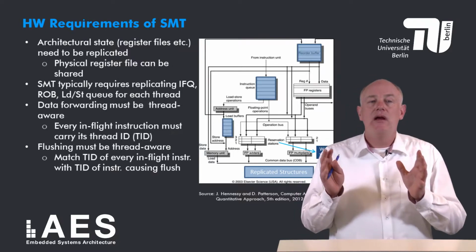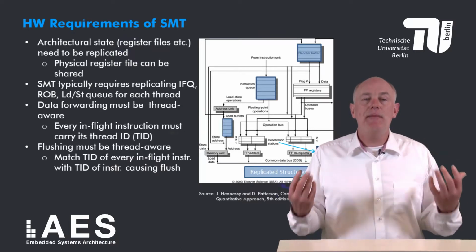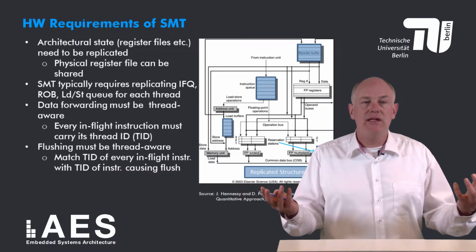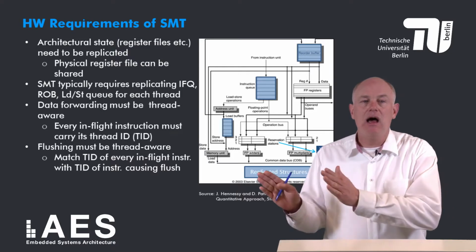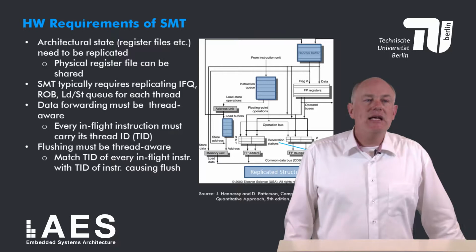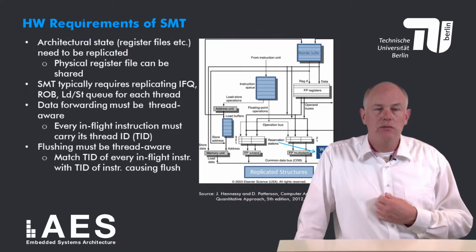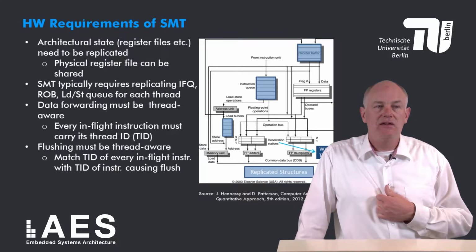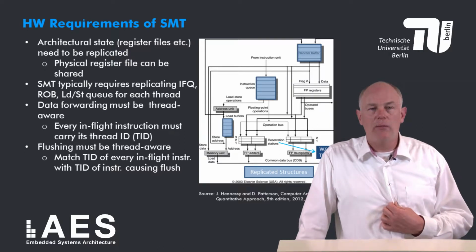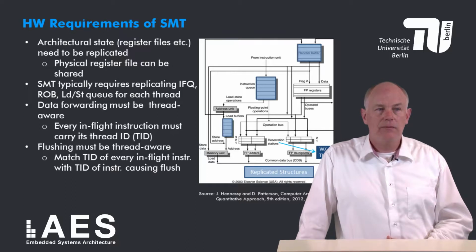On the other hand, the physical register file, the renaming registers, can be shared because we have several threads at the same time and each can be allowed to use some of the renaming registers. SMT also typically requires replicating the fetch queue, one fetch queue for each hardware context thread, the reorder buffer, one reorder buffer for each thread, and the load store queues for each thread.